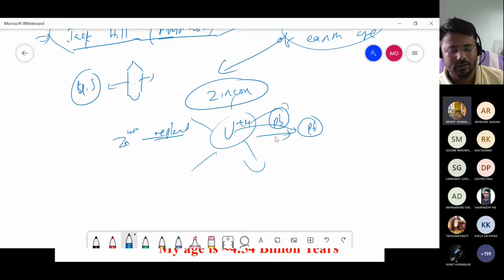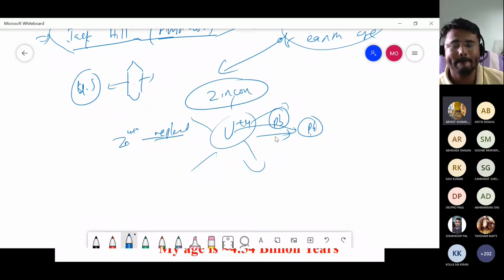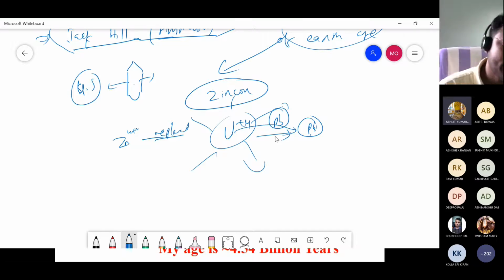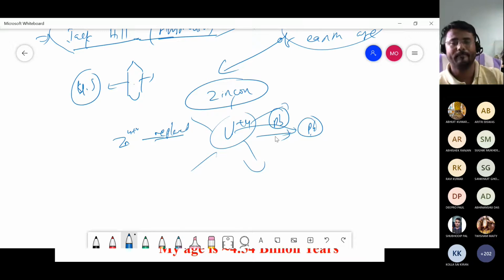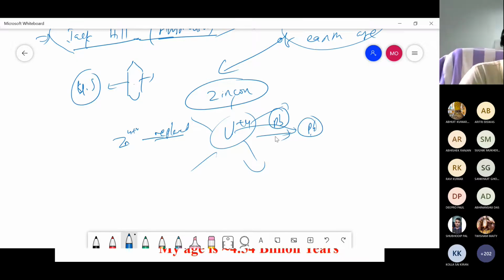Yes, sir. This replacement is done naturally. We do not do that. This replacement is done naturally by nature, a natural process, just like radioactive decay. I thought, sir, we are replacing them. Who is replacing?